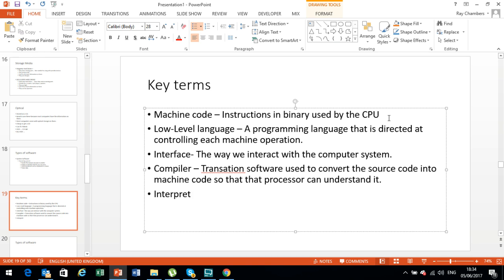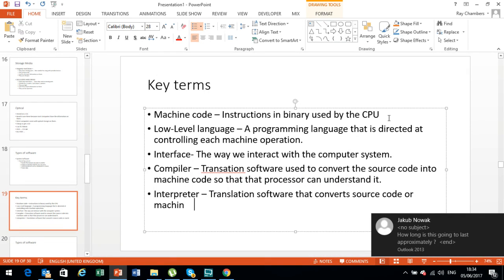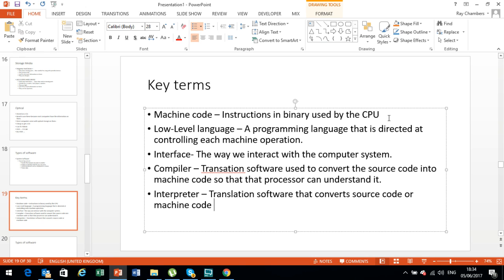Interpreter, translation software that converts source code or user input into machine code, which is immediately executed one instruction at a time.